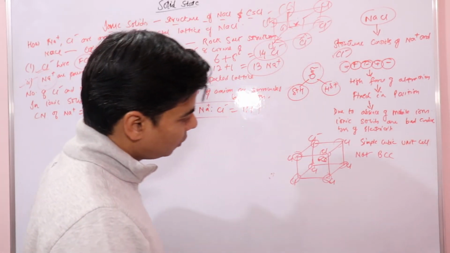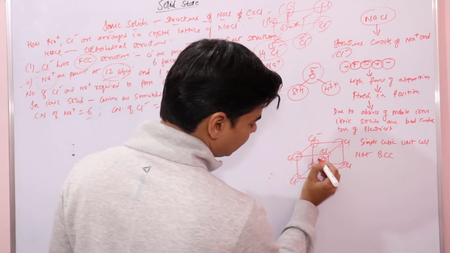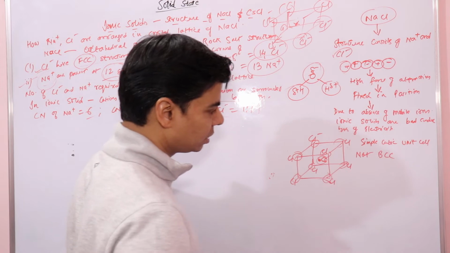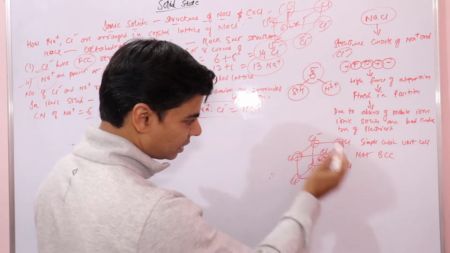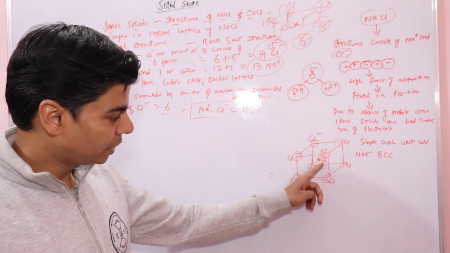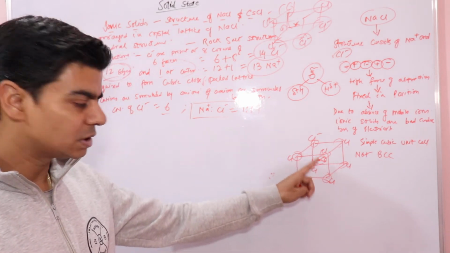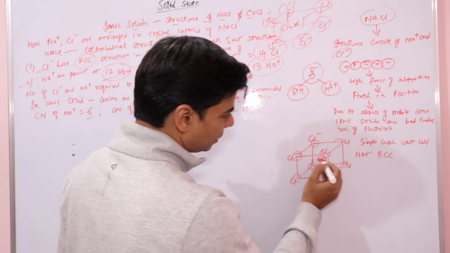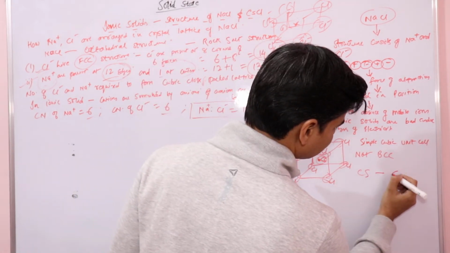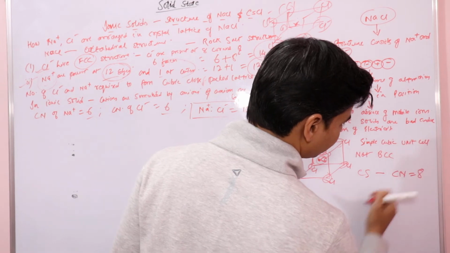What is the coordination number of cesium? It is its nearest neighbors surrounding this cation. So 8 chloride ions are surrounding this cesium ion, so cesium has coordination number 8.